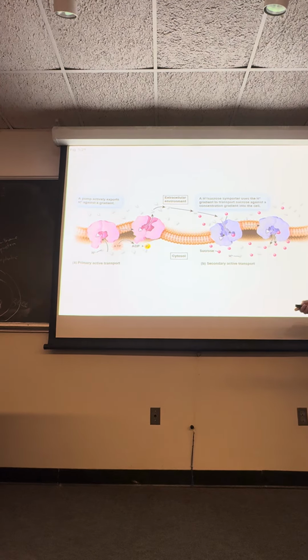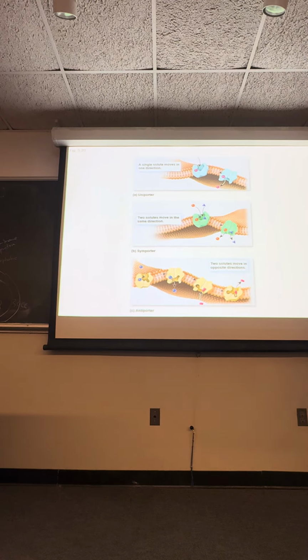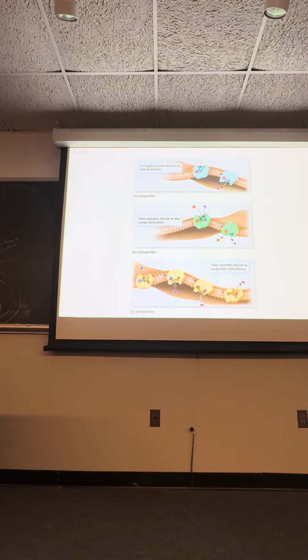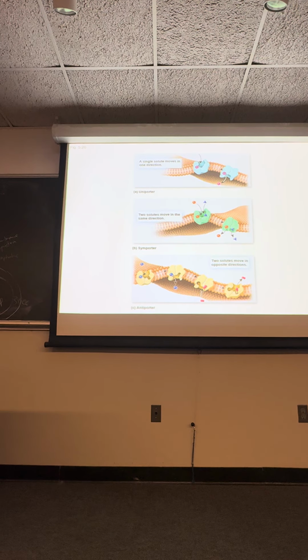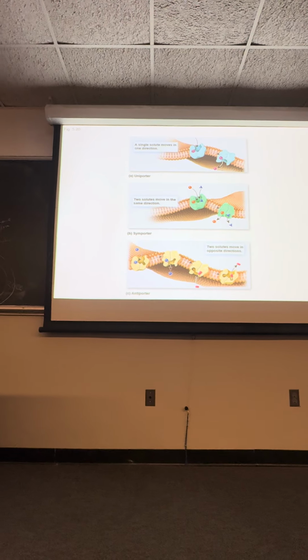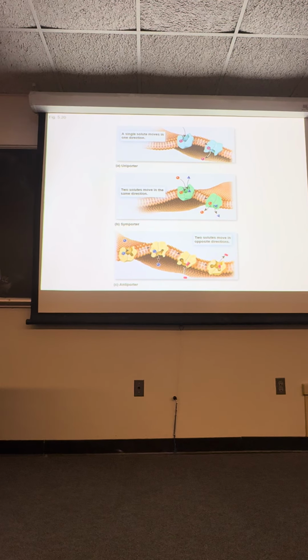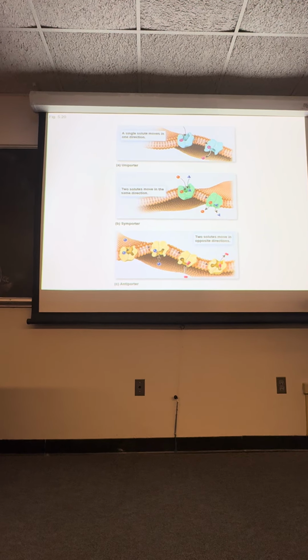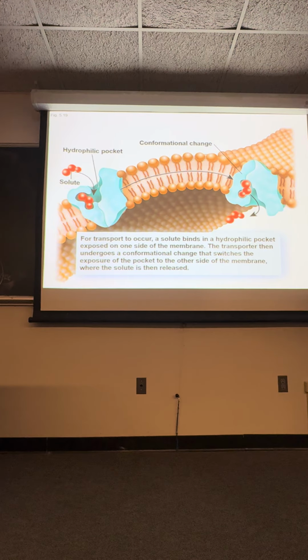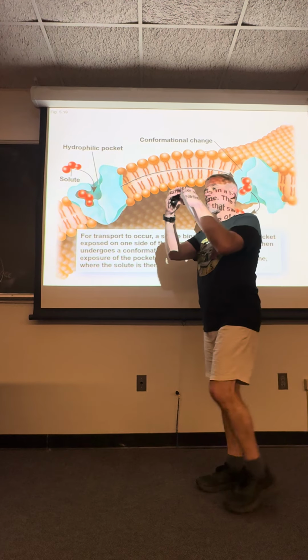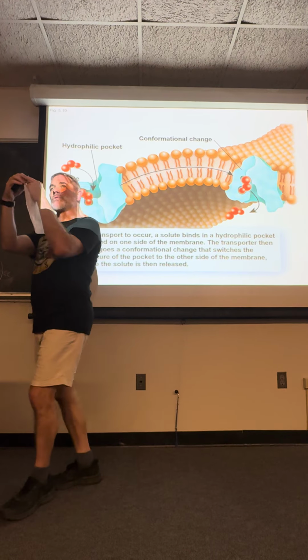Okay, let me go back to this. We had, I think, a little quiz over this, I believe. The different types of ways molecules can be transported. All of them include the important concept of the conformational change, right? Which is that a protein can be in one shape or another, and when it changes shapes, it can do some type of work.